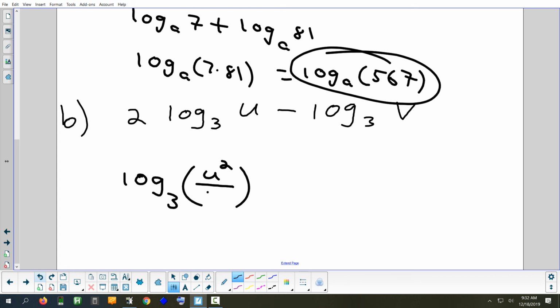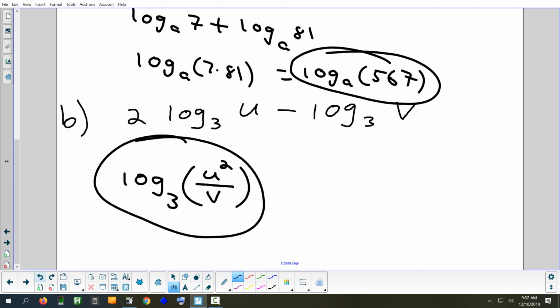So it would be u squared over v. Yes. There is no exponent in front of that other log to put back. You've already taken care of this 3 as the base. That's right there. So log base 3, u squared over v.